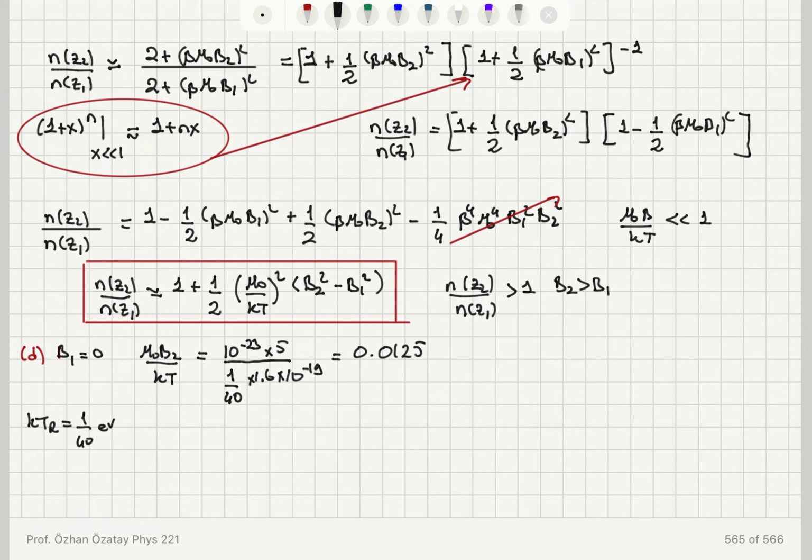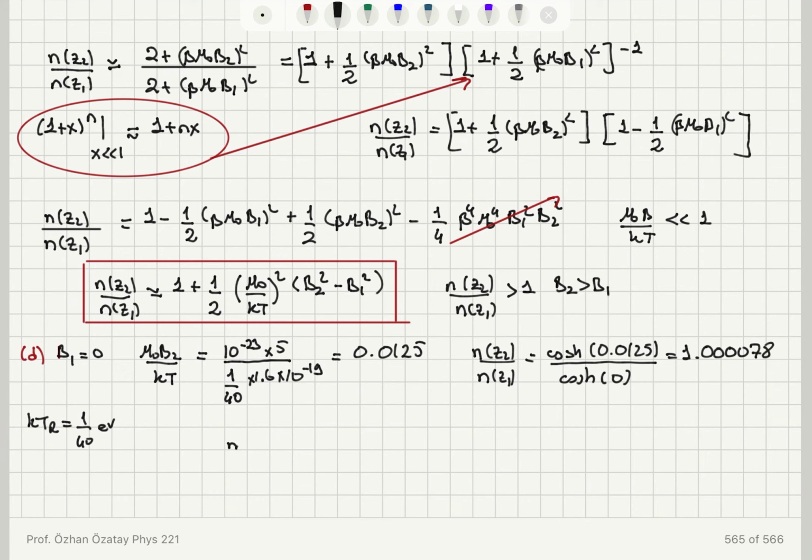0.0125. So if you look at the ratio N of z2 divided by N of z1, if I have cosine hyperbolic 0.0125 divided by cosine hyperbolic 0, this will give me 1.000078.